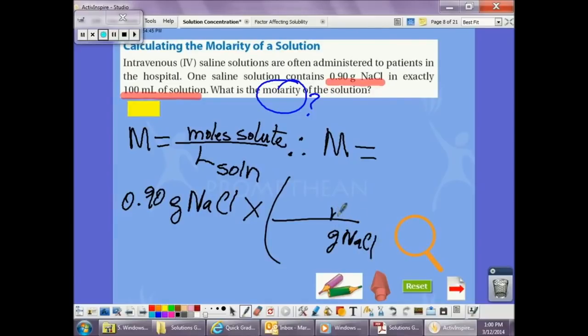On top I write moles NaCl. Up here I write 1 mole NaCl and the molar mass is 58.44. Cancel out grams sodium chloride, and what is the moles?